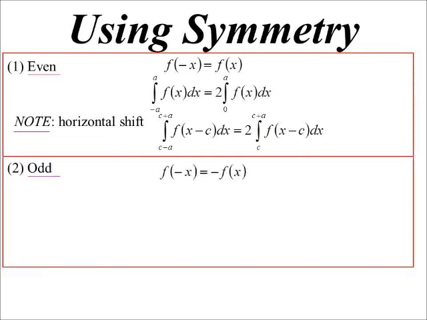So the odd part also has symmetry. Remember, it has rotational symmetry, so f(-x) = -f(x). That means that integral will always equal 0. Right? If it's area we're talking about rather than integral, then it's like the even function, you can go twice 0 to a.